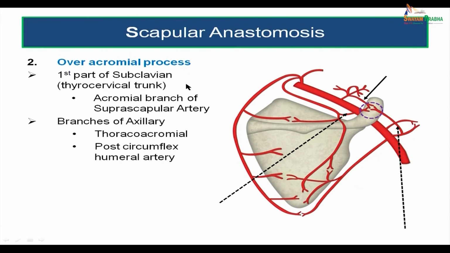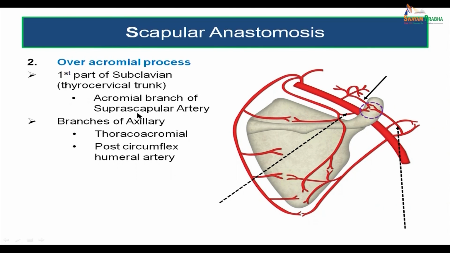The second anastomosis is over the acromial process. This anastomosis is between the acromial branches of the suprascapular artery and the acromial branches of the thoracoacromial artery and posterior circumflex humeral artery.